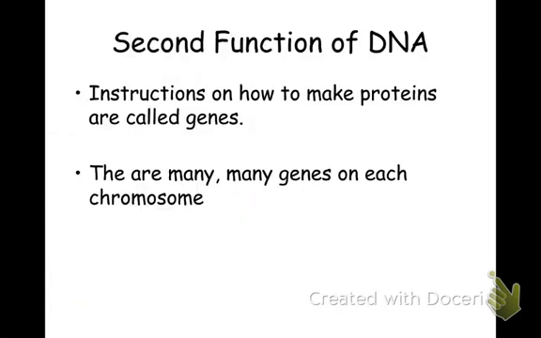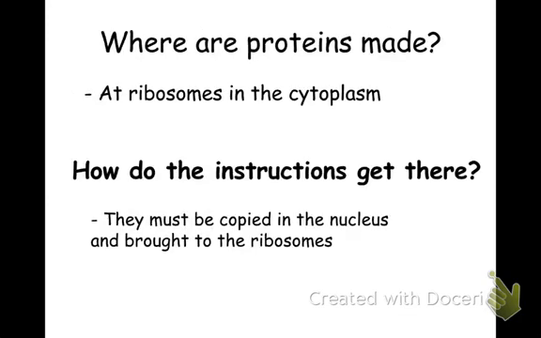Our second function of DNA is basically all of the instructions to make the proteins in your cell. These are your genes. And there are lots of genes on every single chromosome. Genes code for proteins. Proteins are made in the cytoplasm. The instructions are in the nucleus.